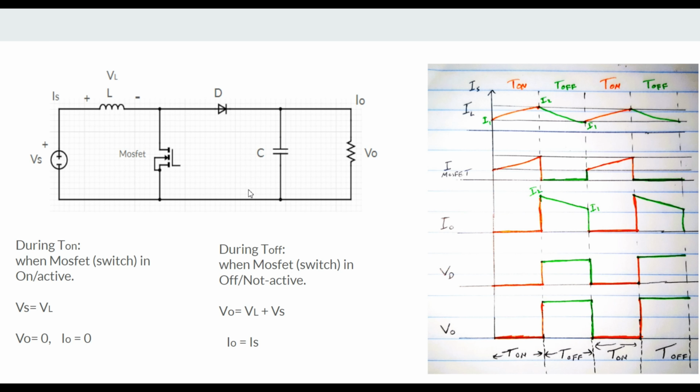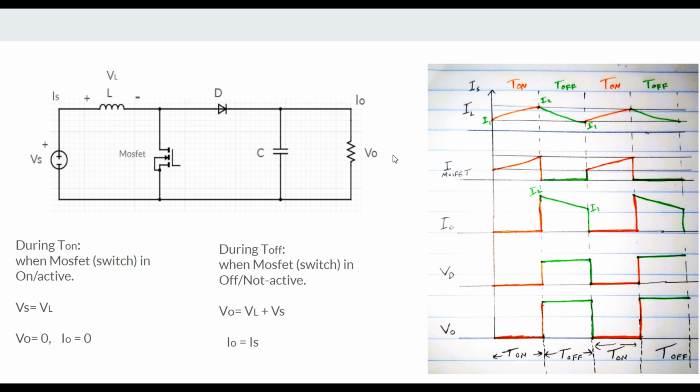That is the reason that when the MOSFET switch is turned off, we can consider, just for understanding, that we have two sources here. One is this one and the other is this one.